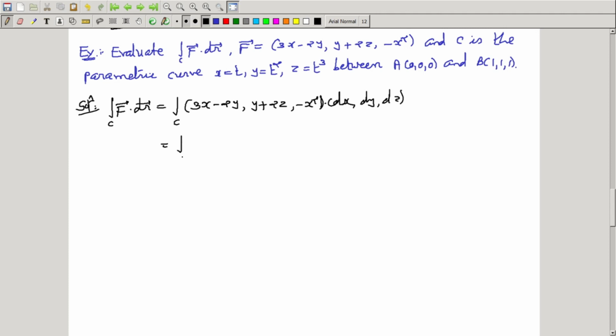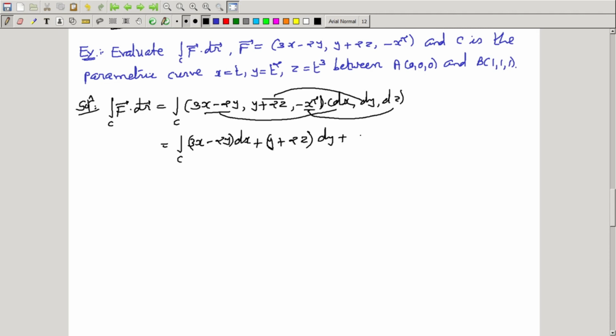Now just take the dot product of the two vectors. So this is 3x minus 2y into dx, right? First component with first, second component with second, and third component with third, right? So plus y plus 2z into dy plus minus of x square into dz.